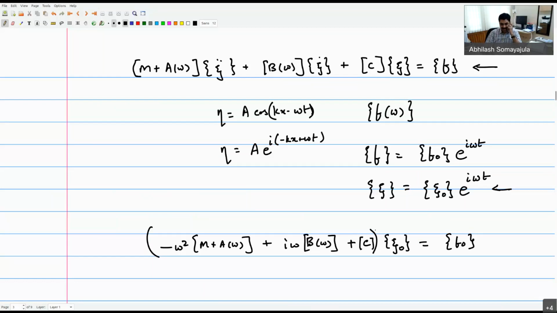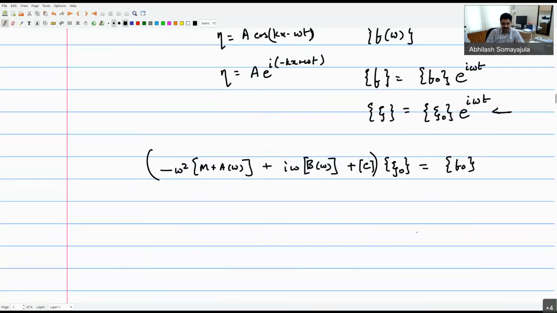And then I can actually take an inverse of this and multiply it on either side. So I'll get zeta naught is equal to this whole thing inverse times F naught.